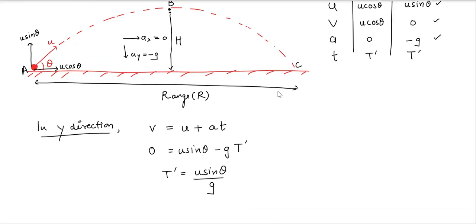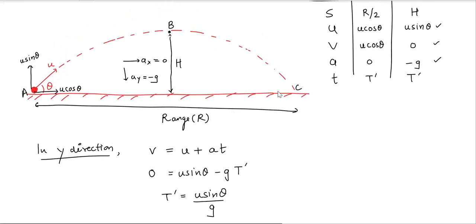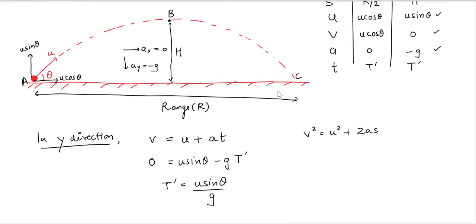Now I can also figure out the height by using v square equals u square plus 2as. This is not the only equation that will give you the height; you can use other equations also, and you will get the same answer. Here v square is 0, and u square is u sin theta, the whole square, minus 2gh.